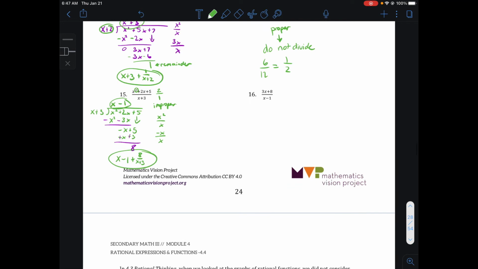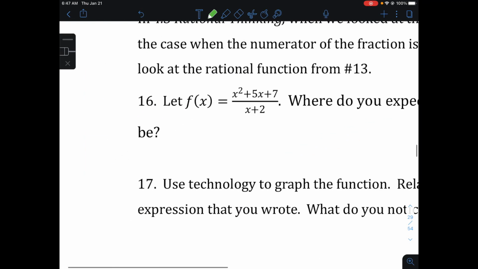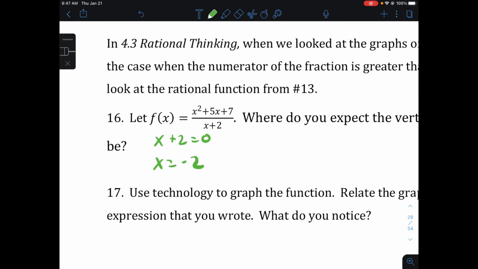We could say our vertical asymptotes, right, we're going to get from setting the bottom equal to 0. Right, and we've got x equals negative 2. And then when we set the top equal to 0, it's actually kind of ugly, I'm going to be honest.